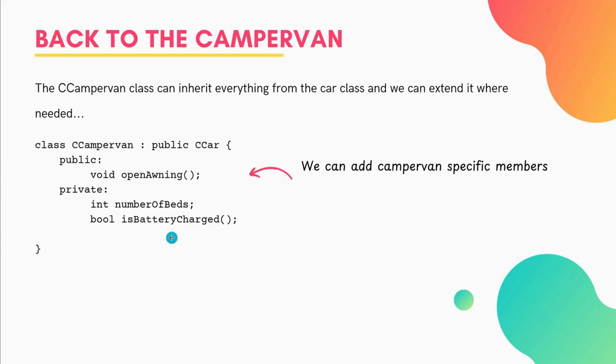We've also got a battery charge function that returns a Boolean, as you can see here. These are all specific members, variables and functions, that apply to the campervan. They won't be in the car class because we're inheriting from the car, not back to it. But the campervan will have all the functions from the car as well as these additional ones that we've done here.